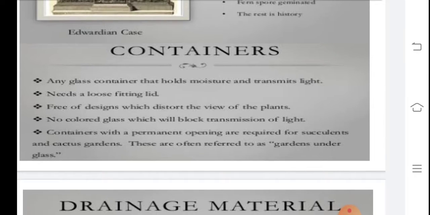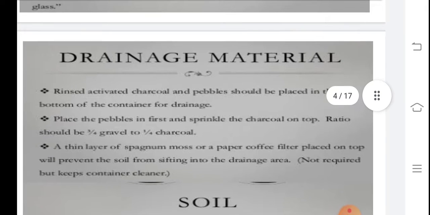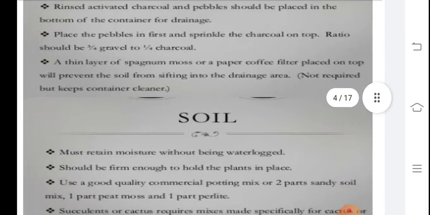The vision is very good. Then there is drainage of the material, so water drainage. At the bottom we have to use pieces of bricks, then some soil, then soil with charcoal, particularly for keeping the moisture, about 3/4 gravel and 1/4 charcoal proportion, which is important.